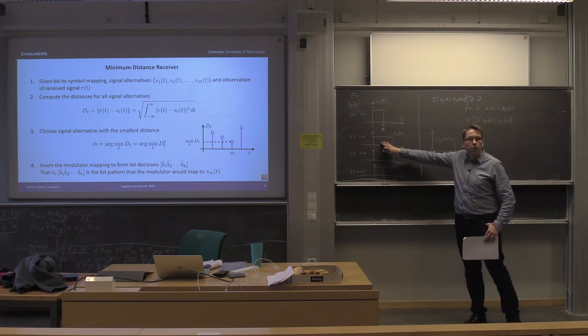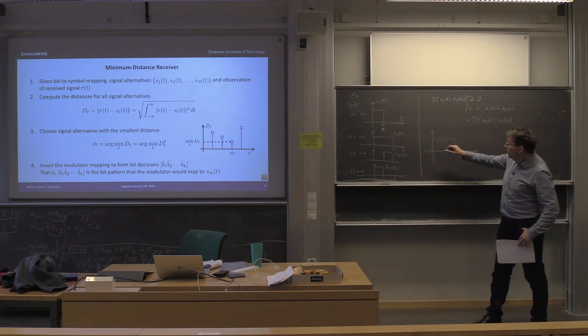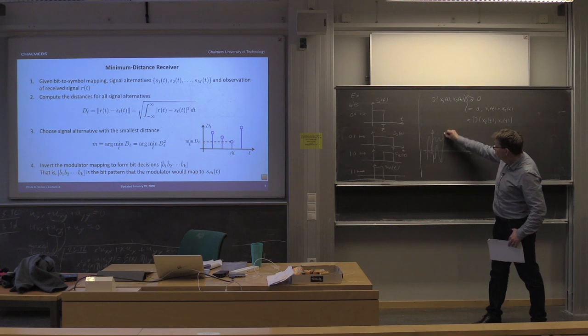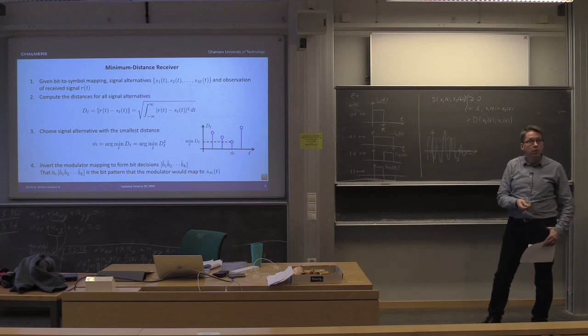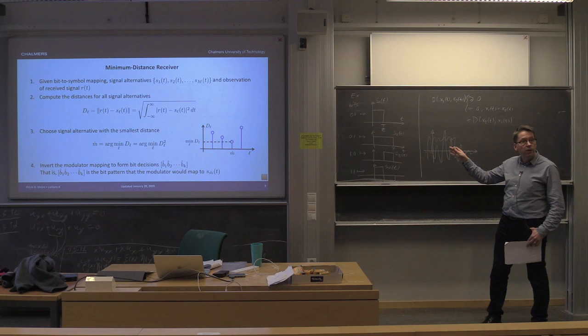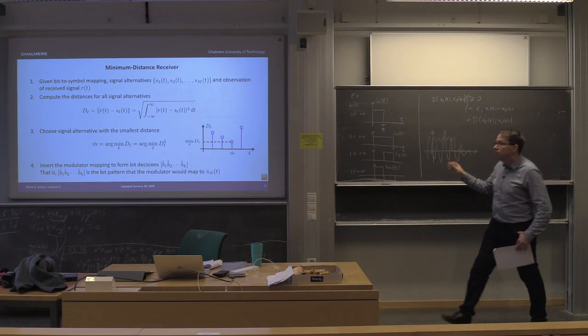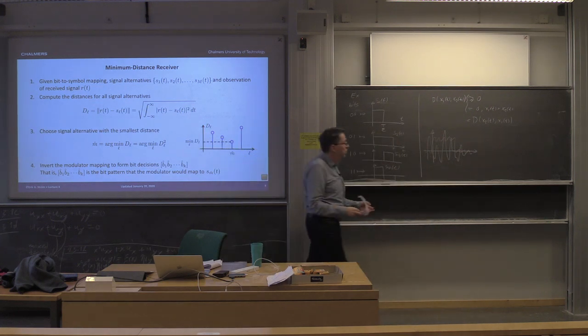It's not so hard to do this visually. But if we have a very noisy signal, like this, it's difficult. We cannot just take a sample of this and figure out what is right. When we have something noisy, we need to do something smarter. The smarter thing is to compute these distances and pick the minimum distance.